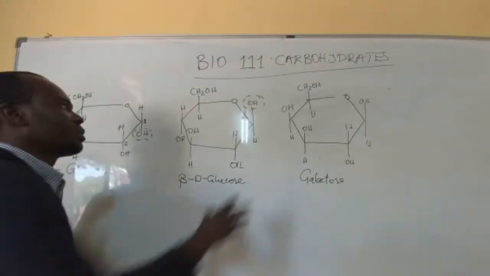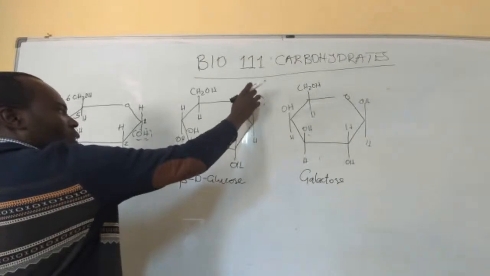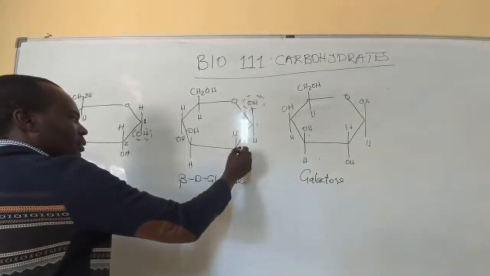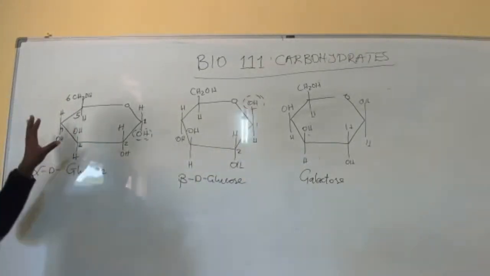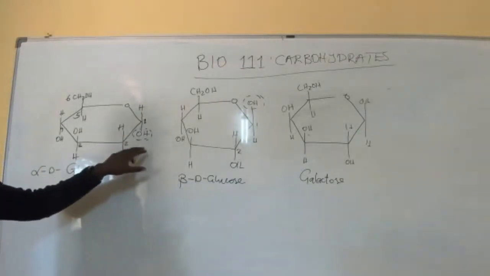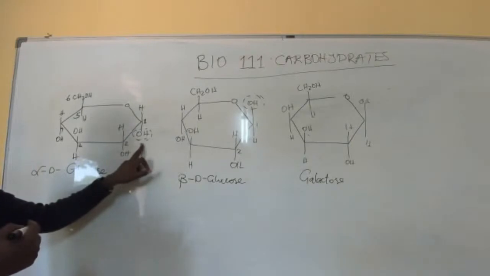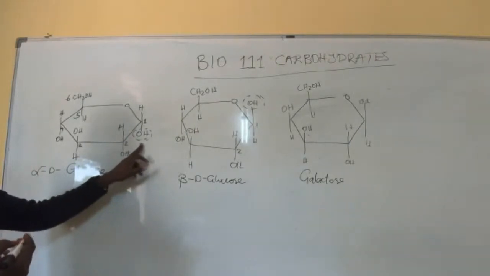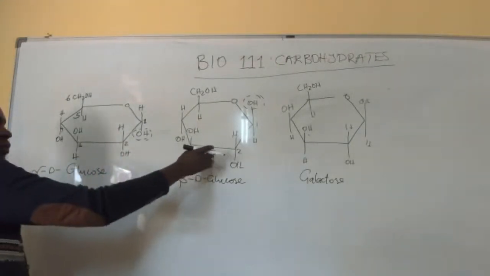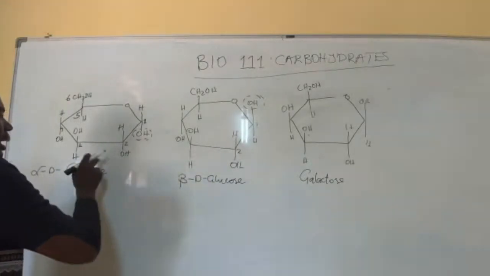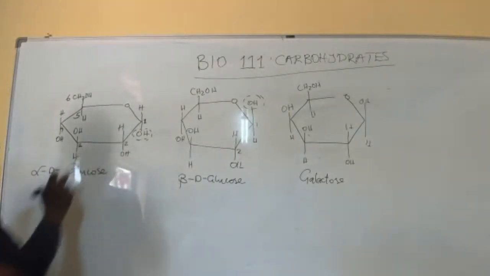For the beta glucose, the hydroxyl group is on top, on carbon number 1, but on the alpha glucose, your hydroxyl group is on the bottom side. So this makes your beta D glucose an isomer of your alpha D glucose.